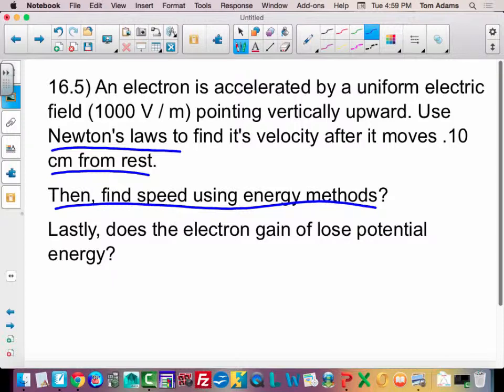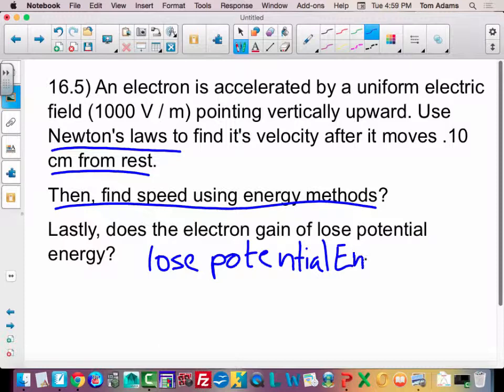Basically, since the electric field does work, the electron does lose potential energy. So it actually does lose potential energy. And the reasoning for that is the field does work.